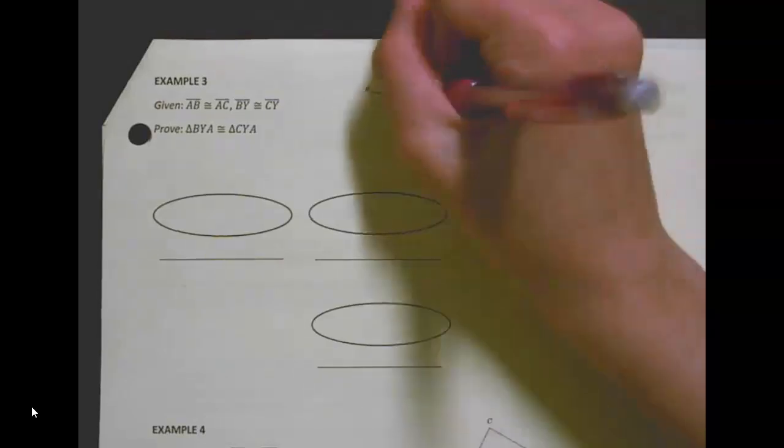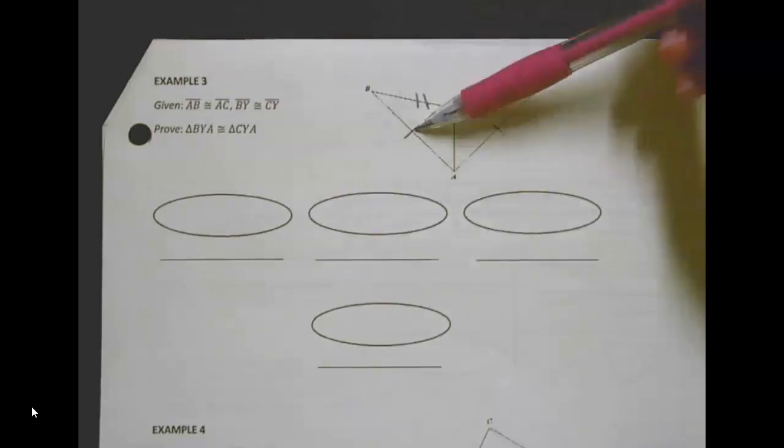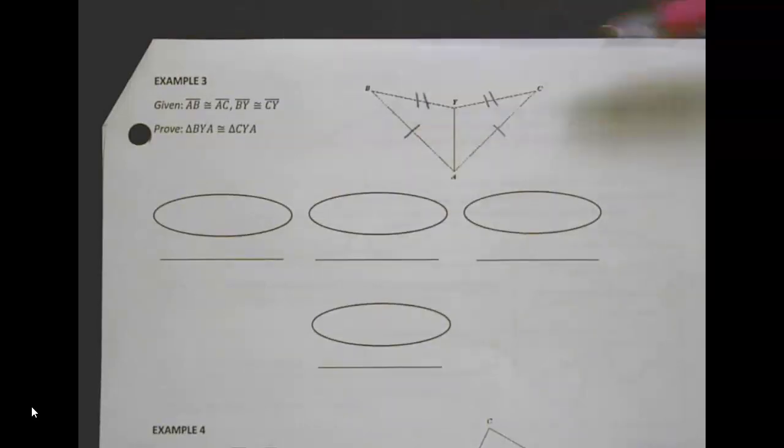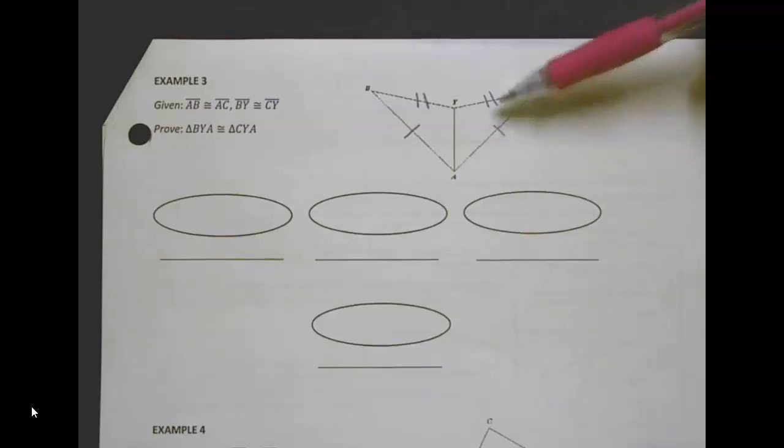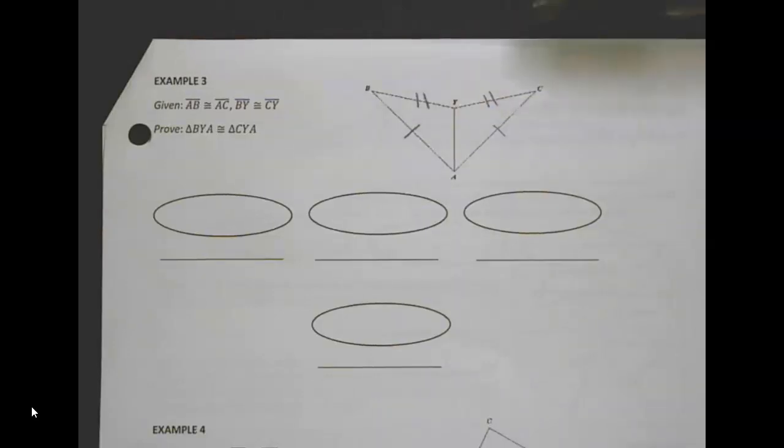But they're not congruent to the first side, so I put it in my double tick. So I have side, side, side, side. Side, side, angle is not a proof because that spells a bad word. I can't tell if B and C are congruent. Yes, they may look congruent, but we have to prove it.